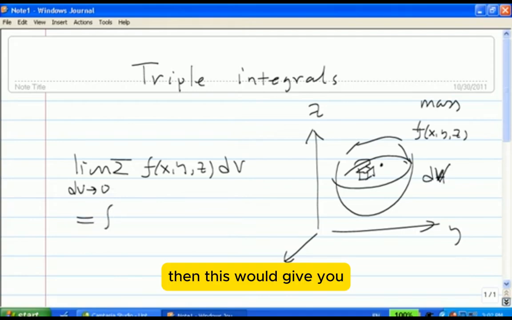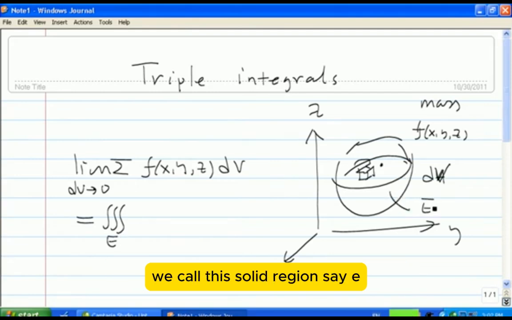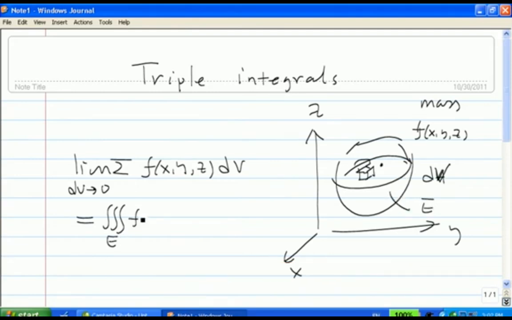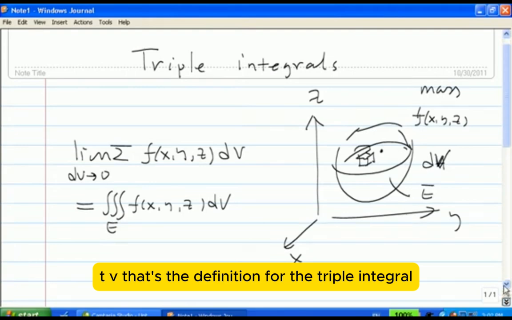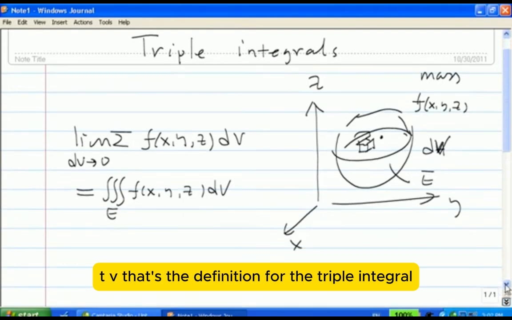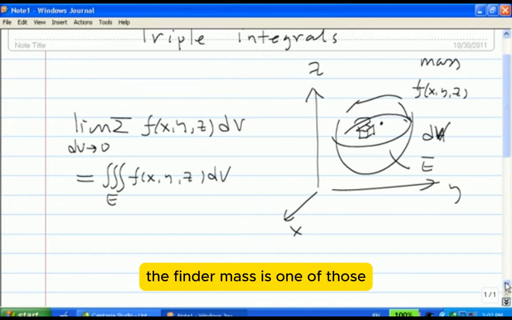That gives the definition of the triple integral. We call this solid region E, and the integral of f(x, y, z) dV over E is the definition of the triple integral. If you want to think about its applications, finding the mass is one of those.